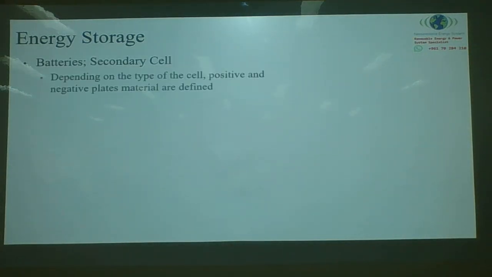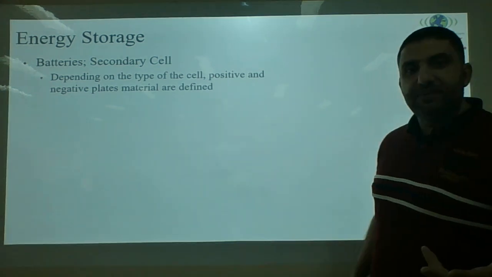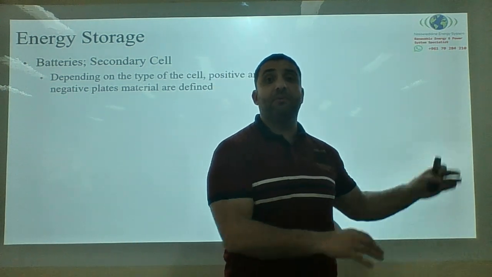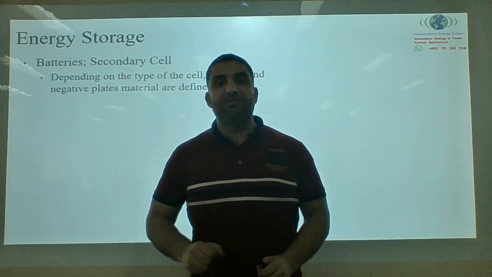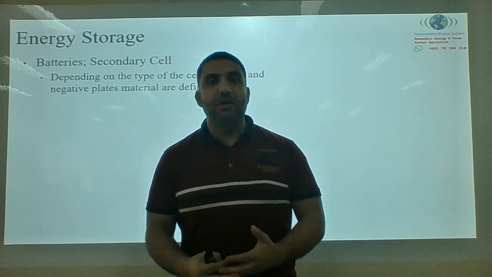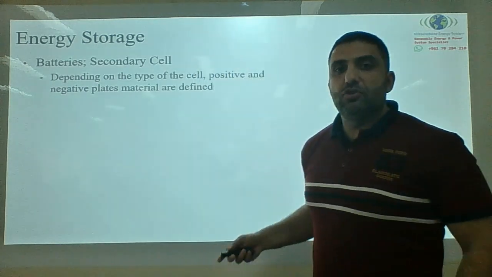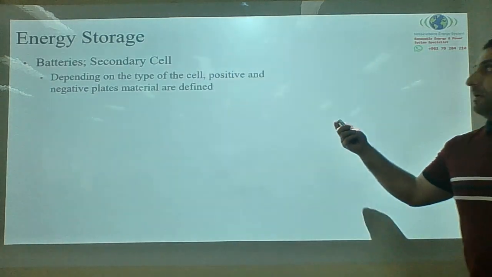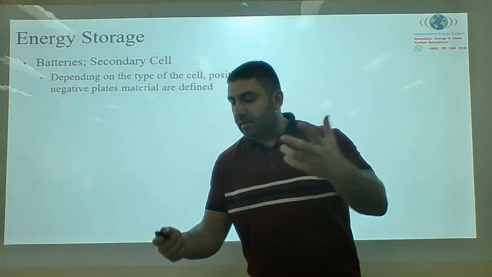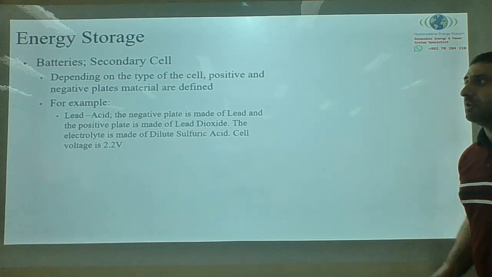Now, depending on the type, there are plenty. If you search the internet, there's a large number of rechargeable batteries. The researchers and companies use different combinations when it comes to chemical reaction to design. Positive and negative plate materials are defined depending on the type. For example, lead acid.